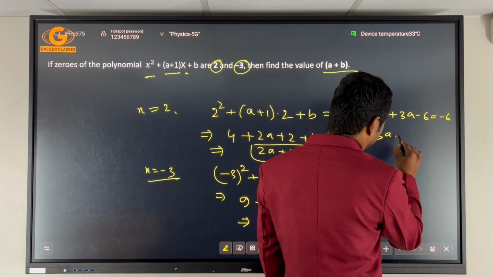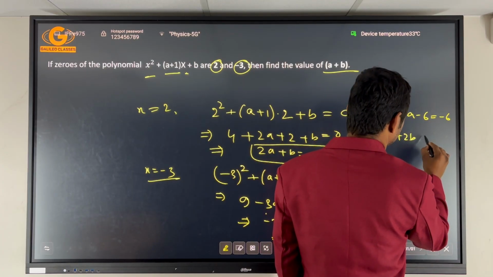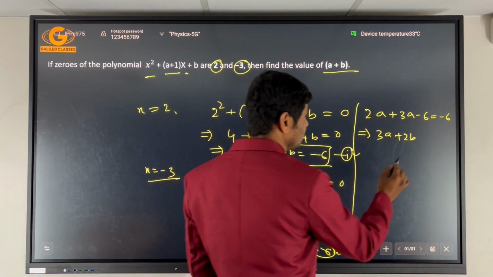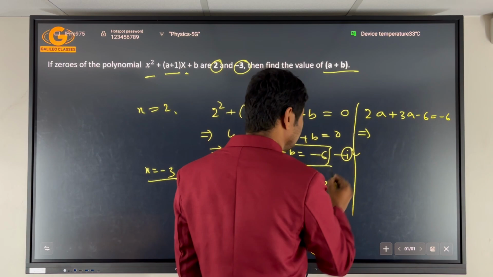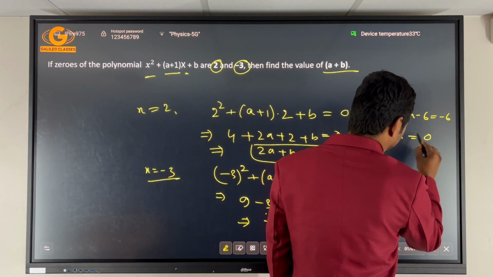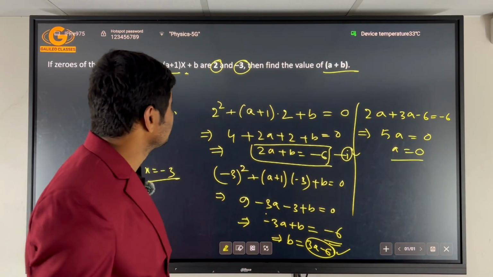Now 5a is equal to 0, then a is equal to 0.